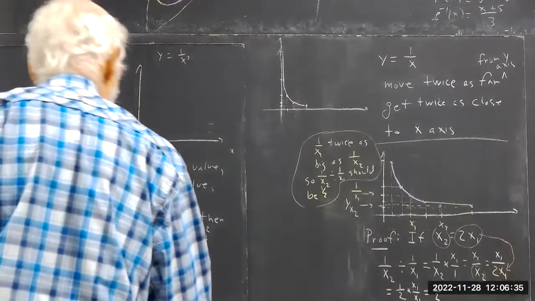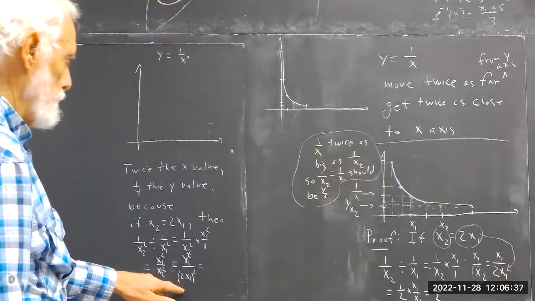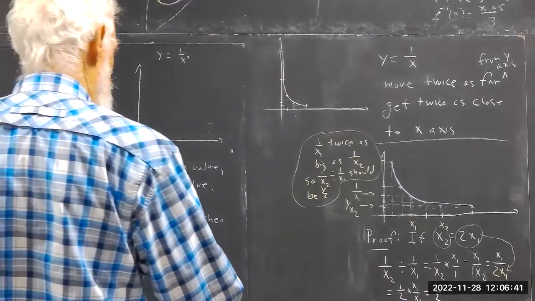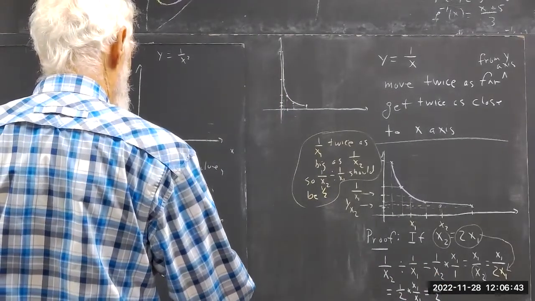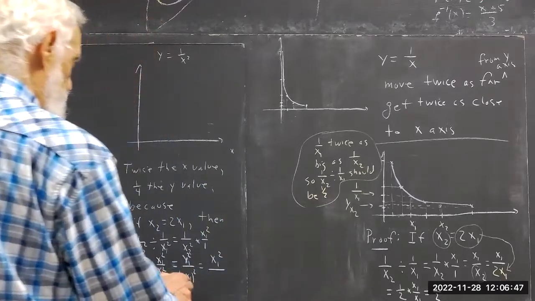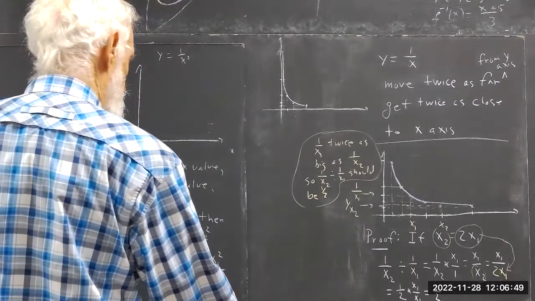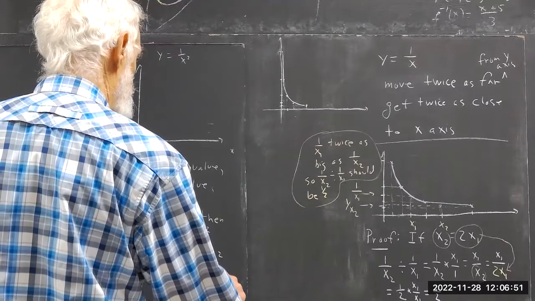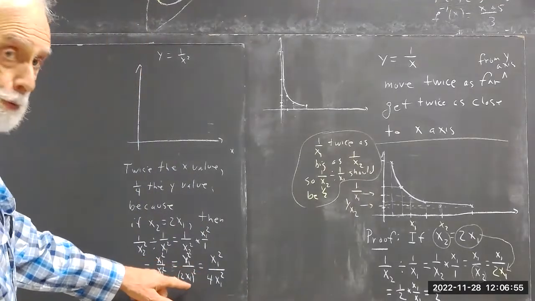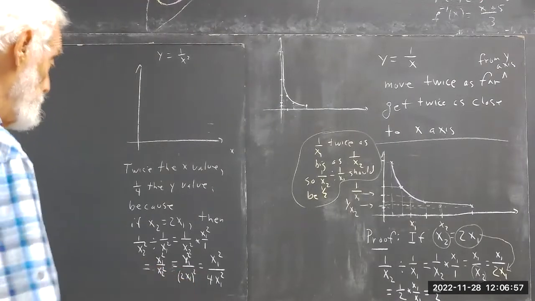It's like what we did over here. First of all, we're going to simplify by doing the square here. We're going to get 4X1 squared, because of course you have to square the 2, you have to square the X1.